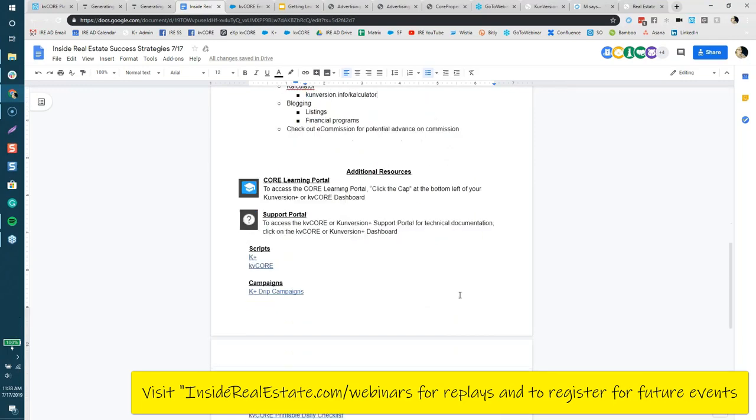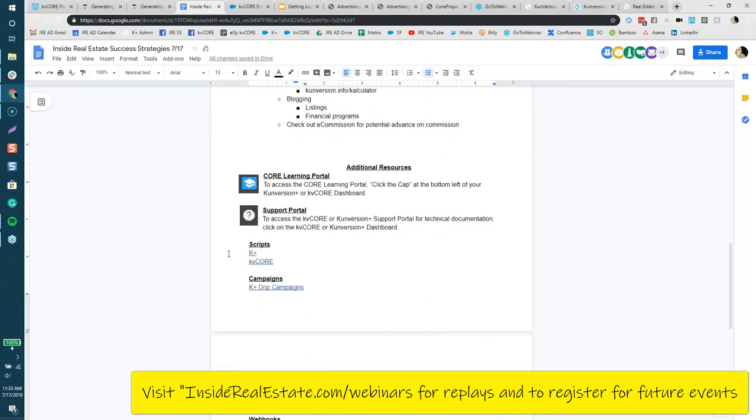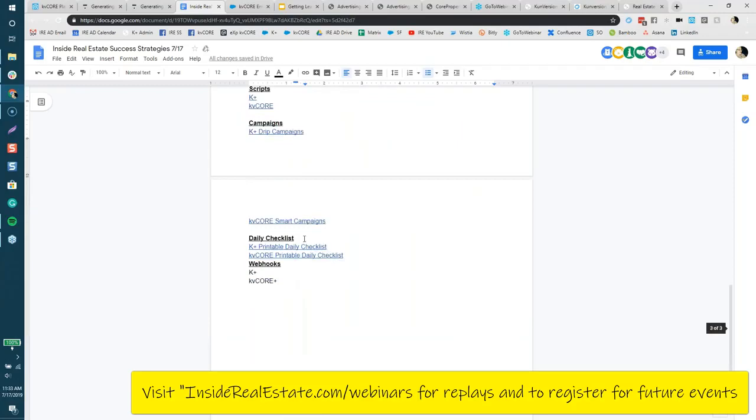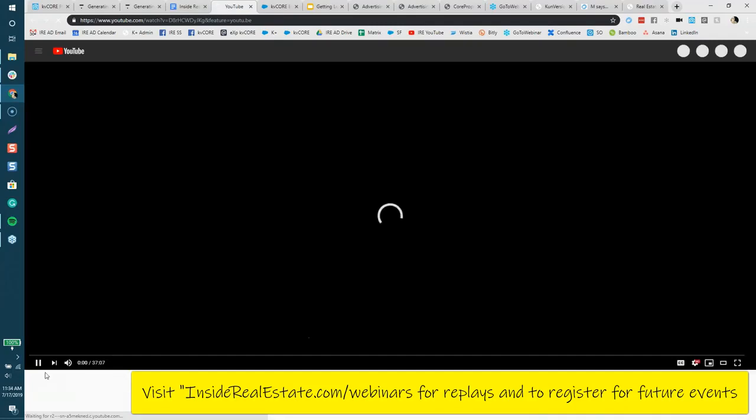I did add in the different information if you want to access all of the scripts that we have online for K Plus or KV Core. Same with how to access the drip campaign and smart campaign information. And we also went over a really nifty printable daily checklist, was it a couple of weeks ago or a week ago or so? These are super handy as well. So if I open up, these are the videos on YouTube.